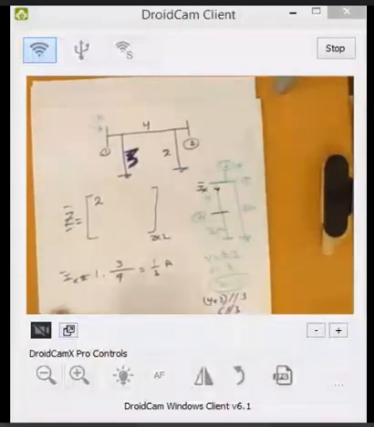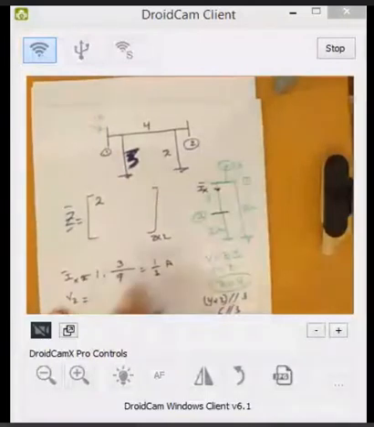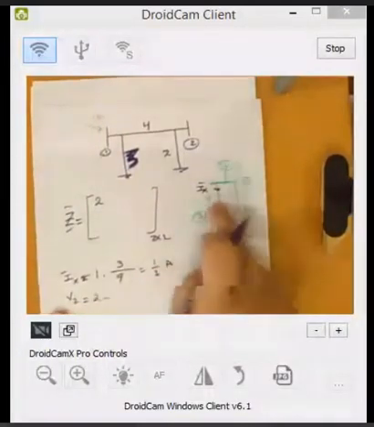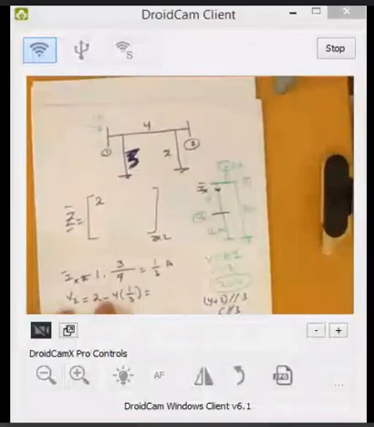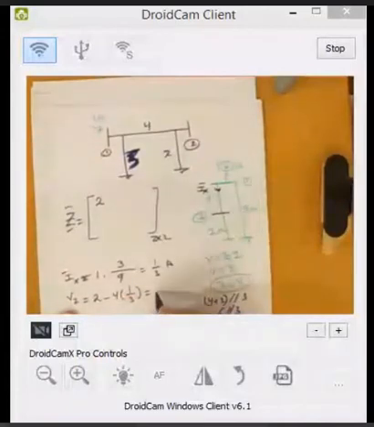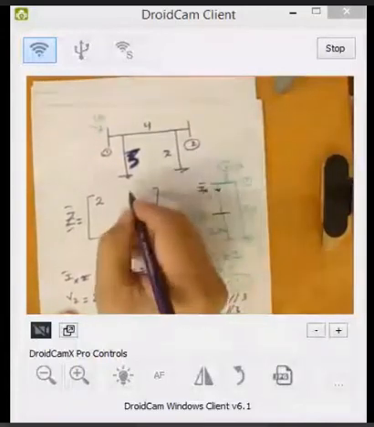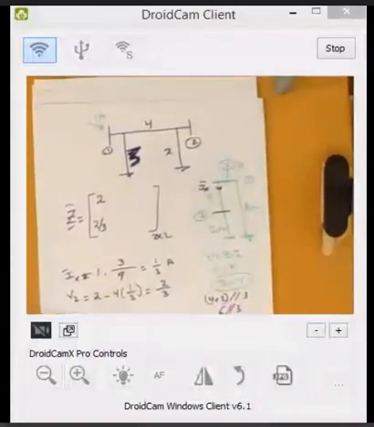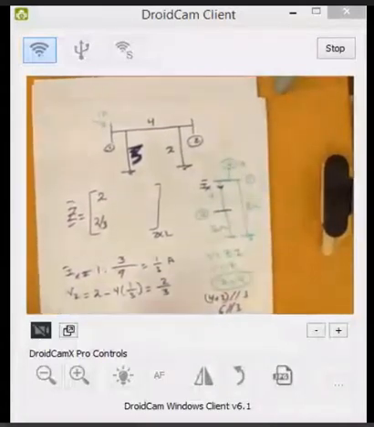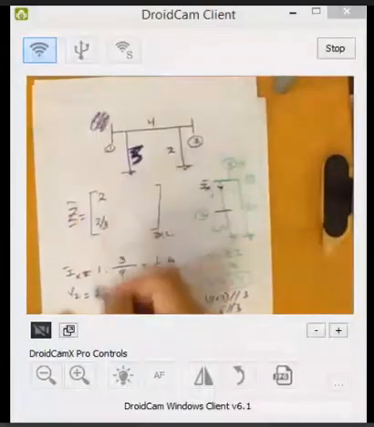Then the voltage at 2, V2, is equal to the voltage at 1, which is 2, minus the drop here, which is 4 multiplied by 1 over 3. So it is 2 minus 1 and 1/3, which is equal to 2 over 3. Okay, that finishes column number 1.